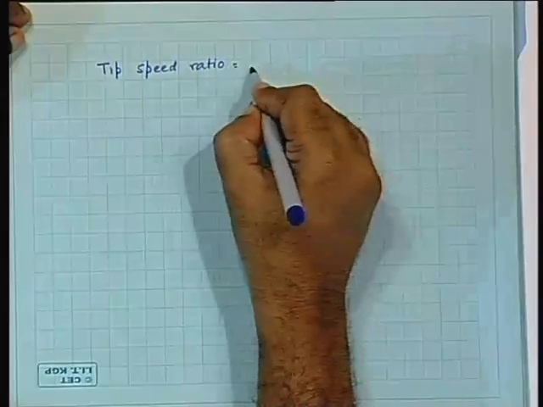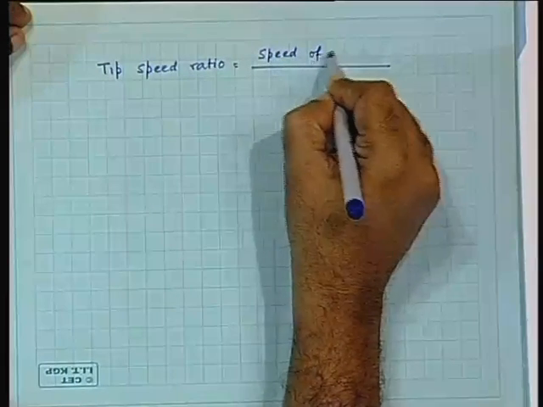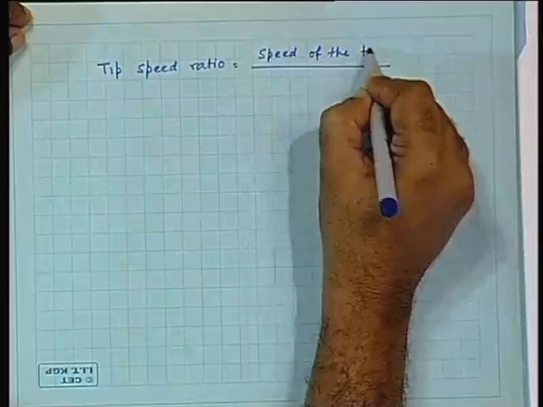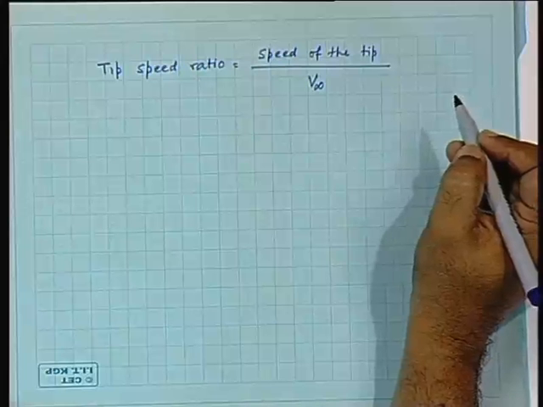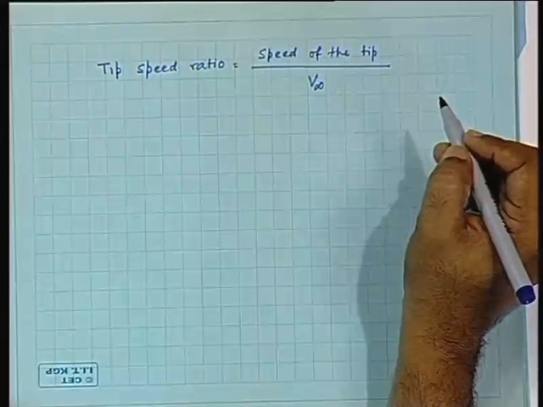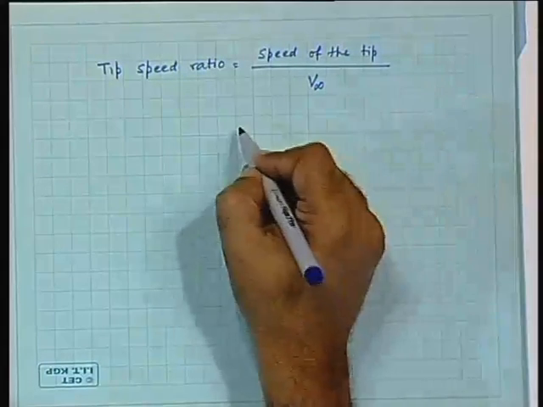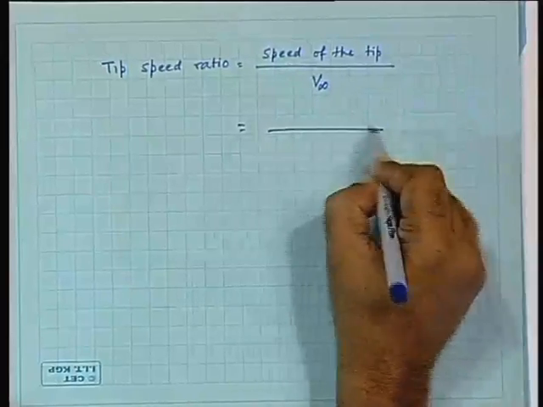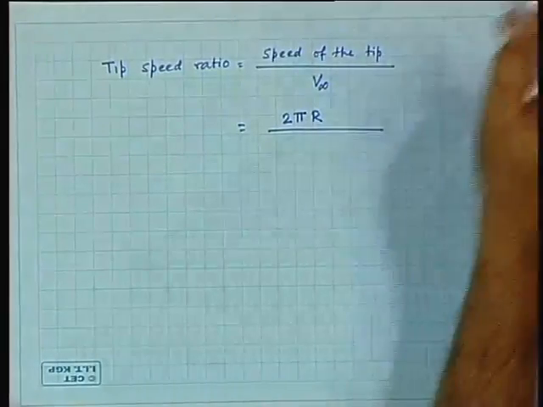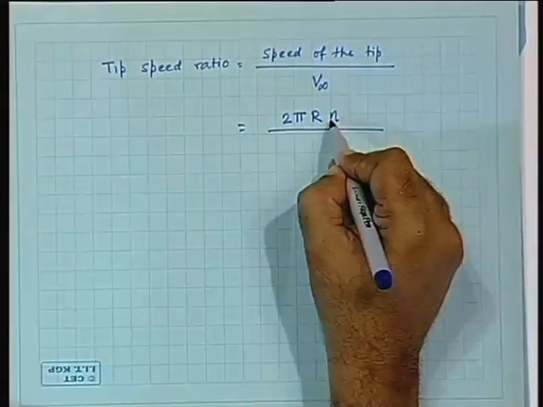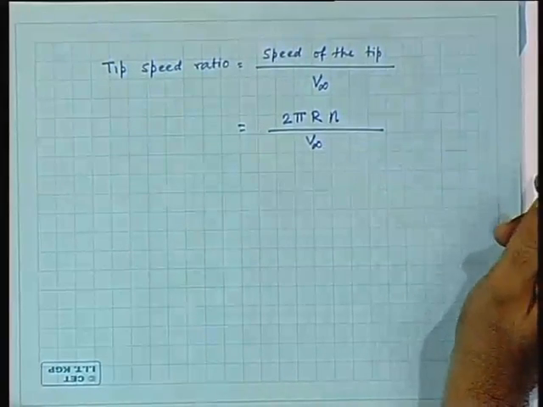Tip speed ratio is the speed of the tip divided by the unaffected wind velocity. Okay. So what will it be? That will be 2 pi r, the radius, into n, the speed in RPM, divided by V infinity.